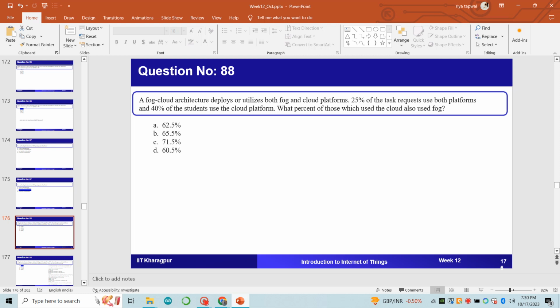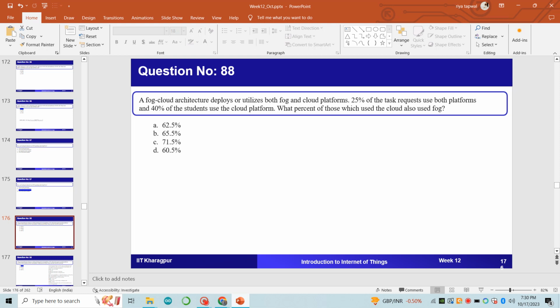Solve this. Okay, the hint is you can use conditional probability. Basically, both cloud and fog is given, that is the intersection of fog and cloud is 25%.